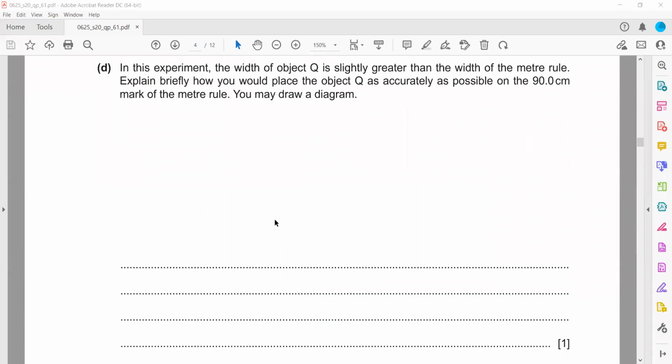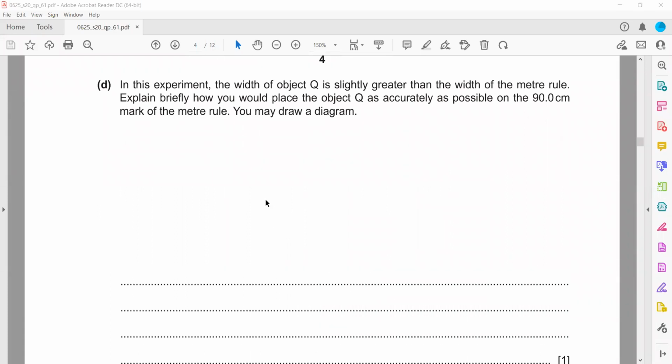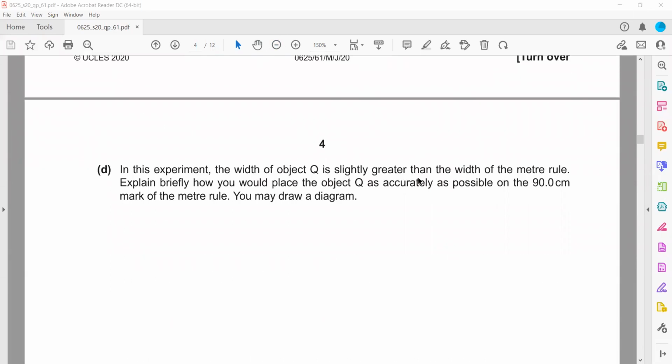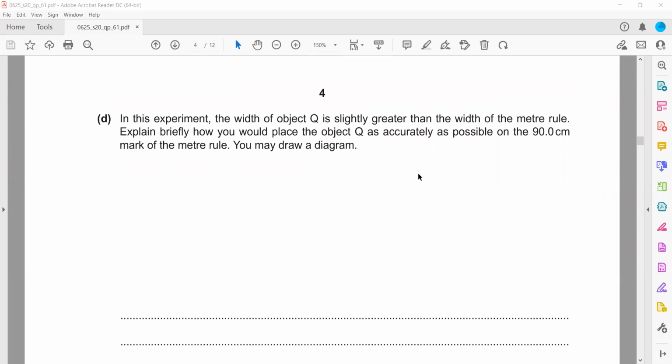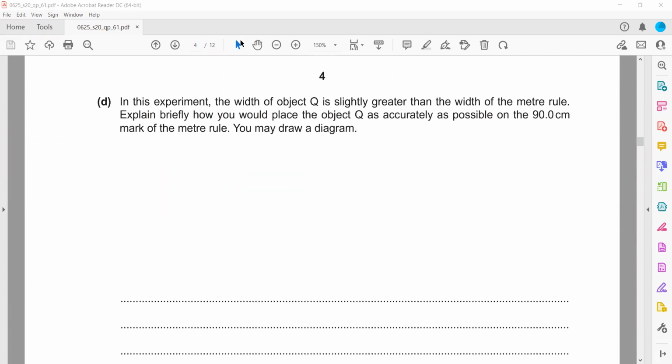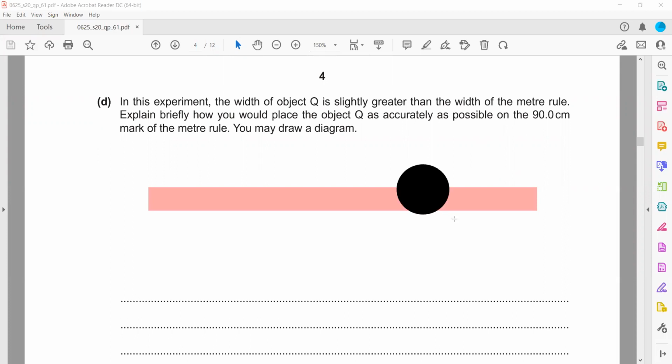Then in part D, in this experiment, the width of an object is slightly greater than the width of the meter rule. Explain how you would place an object Q as accurately as possible on the 90 centimeter mark. If you're looking at the meter rule from the top and the object is much larger than the width of the meter rule, how can I be sure that the center of this object is at the 90 centimeter mark?